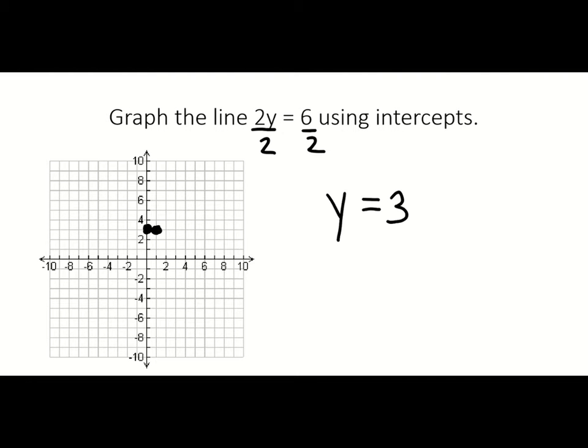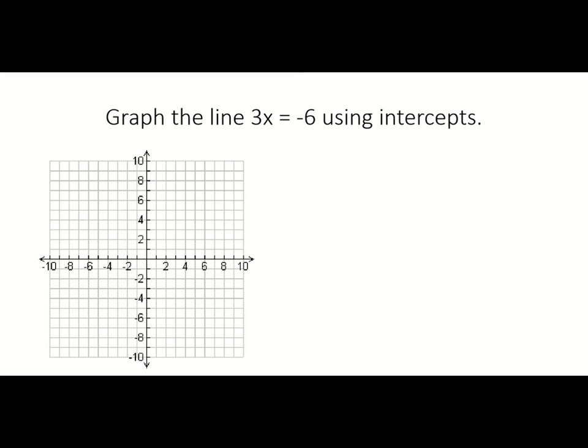Even if I would have gone to the left of that point, my y value is still 3, but my x value has changed. So what we'll see is that y equals a number creates a straight horizontal line at that number. And whenever you have a straight horizontal line, that means that your slope is 0. So you want to make a note of that. When we graph horizontal lines, your slope is 0.